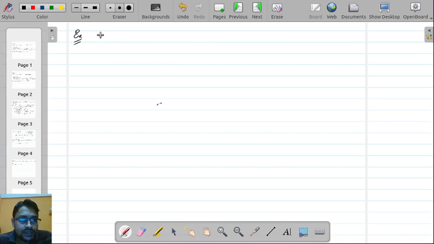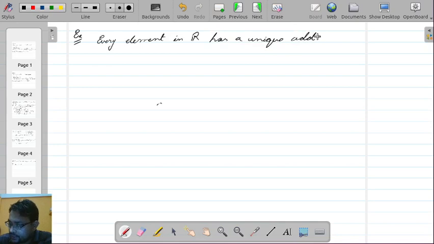So, exercise: every element in R has a unique additive inverse.